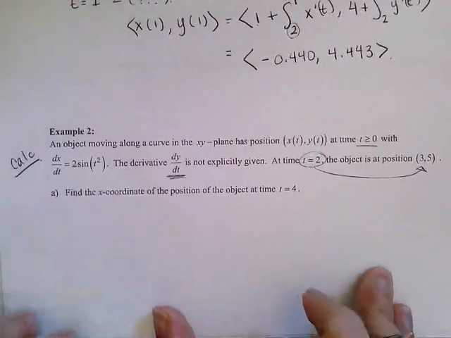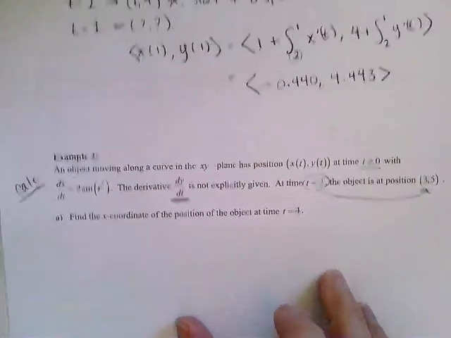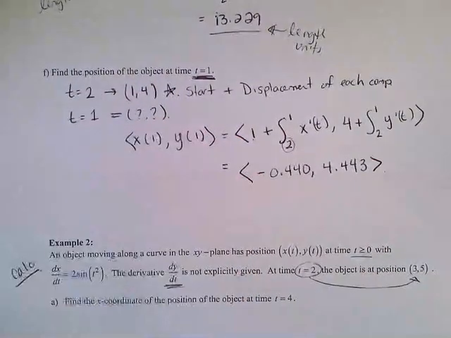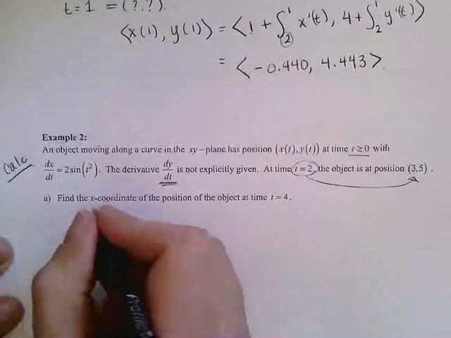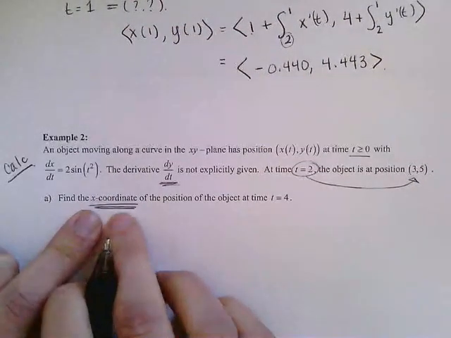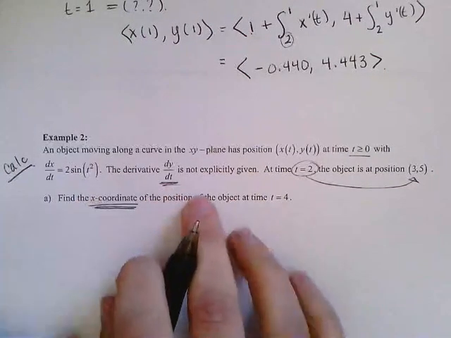Find the x-coordinate of the position of the object at t equals 4. So we're finding the position, the same thing that we did here, but the only difference is that we're focusing on just the x, which makes sense because we actually don't have the y yet, so there's no way for us to figure it out yet.